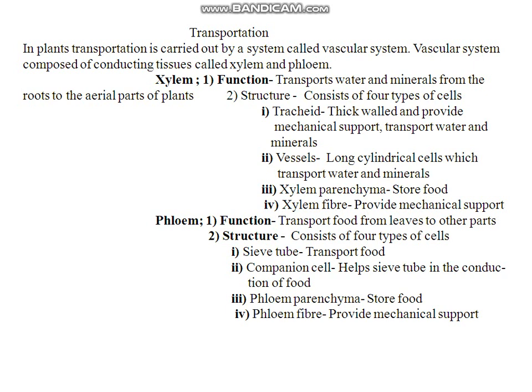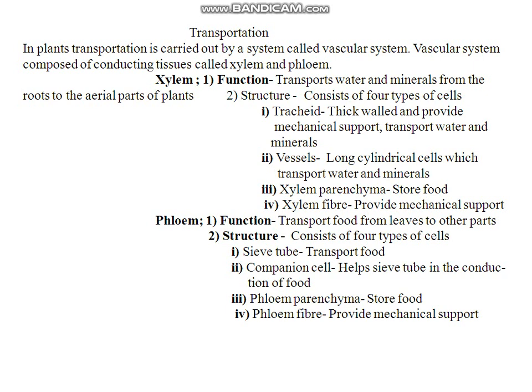Now, we will go through the function and structure of xylem first. The function of xylem is to transport water and minerals from the roots to the aerial parts of plants. Now, what about the structure of xylem? Xylem consists of 4 types of cells.